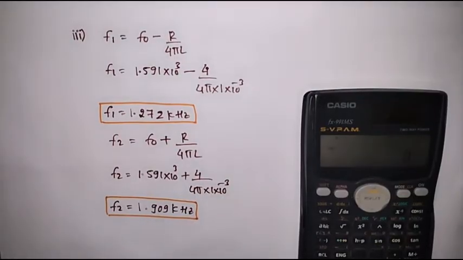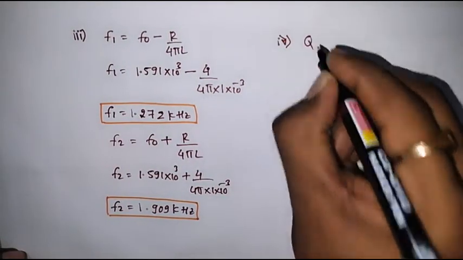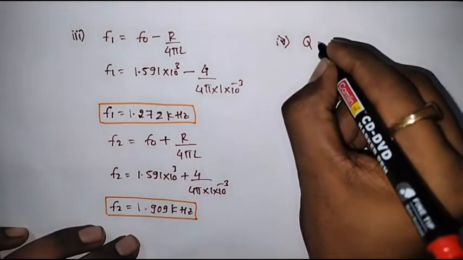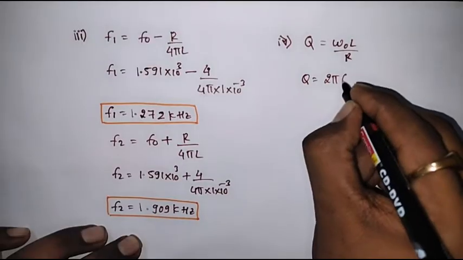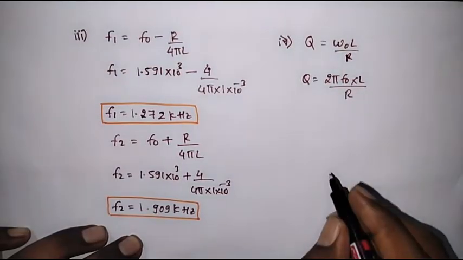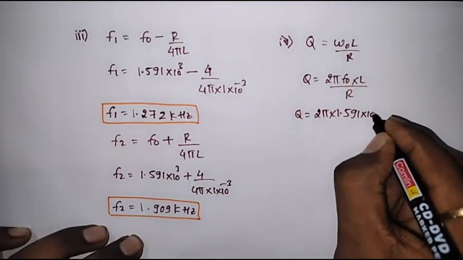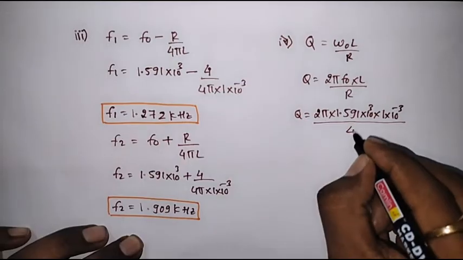Now let's find the quality factor Q. Q can be calculated using many formulas, that is omega naught L by R, or we can solve it using 1 upon omega naught CR, or we can solve it using 1 upon R under root L by C. Let us use Q is equal to omega naught L by R, or I can write Q is equal to 2 pi F naught into L by R, or Q is equal to 2 pi into F naught value is 1.591 kilo into L value is 1 into 10 raised to minus 3, that is 1 milli divided by 4.